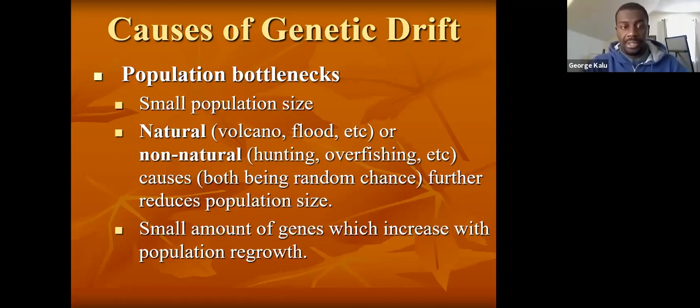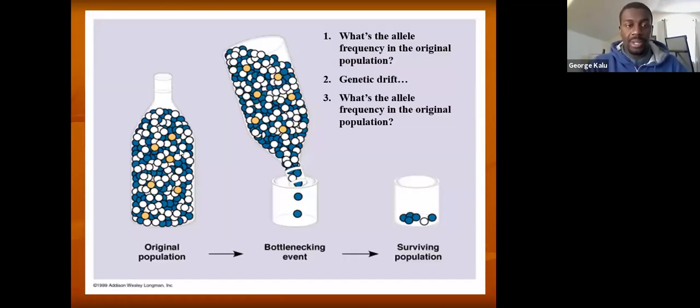So here's an example. Let's say we're starting with an original population here. We see all kinds of different alleles, and then we have some bottlenecking event, some major event that causes us to lose a large portion of the population. The population that is able to survive that event now becomes the surviving population.